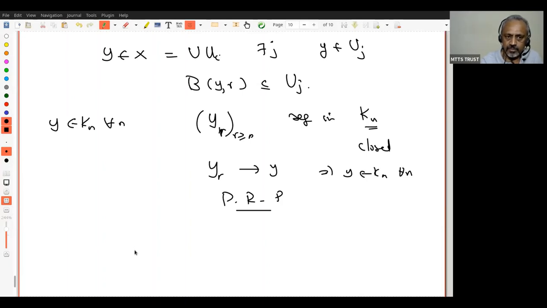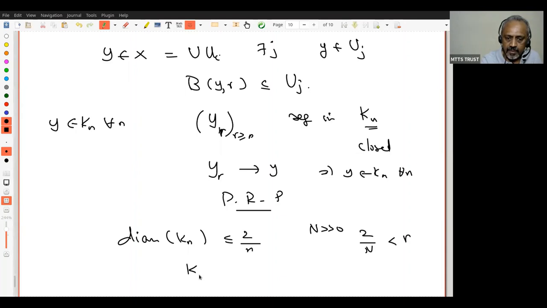Now there is a problem. What is the problem? Since the diameter of Kn is less than or equal to 2 by n, if I choose n sufficiently large so that 2 by n is less than r, then what do I know about Kn? See, y belongs to Kn, capital N, and let z belong to capital Kn. Then the distance between y and z is less than or equal to 2 by n, but that is less than r.